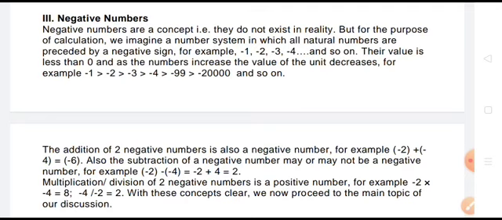For example, -1, -2, -3, -4, and so on. Their values are less than 0, and as the number increases, the value decreases. For example, -1 is greater than -2.